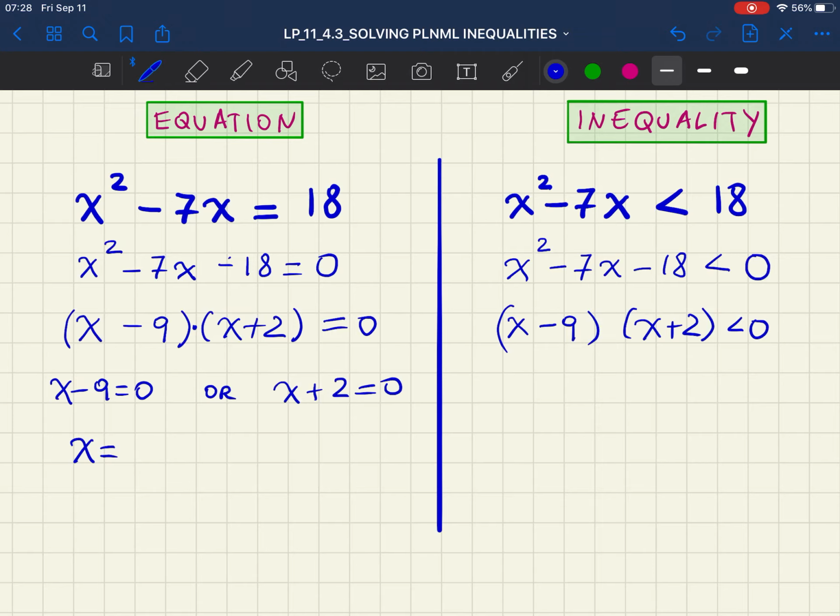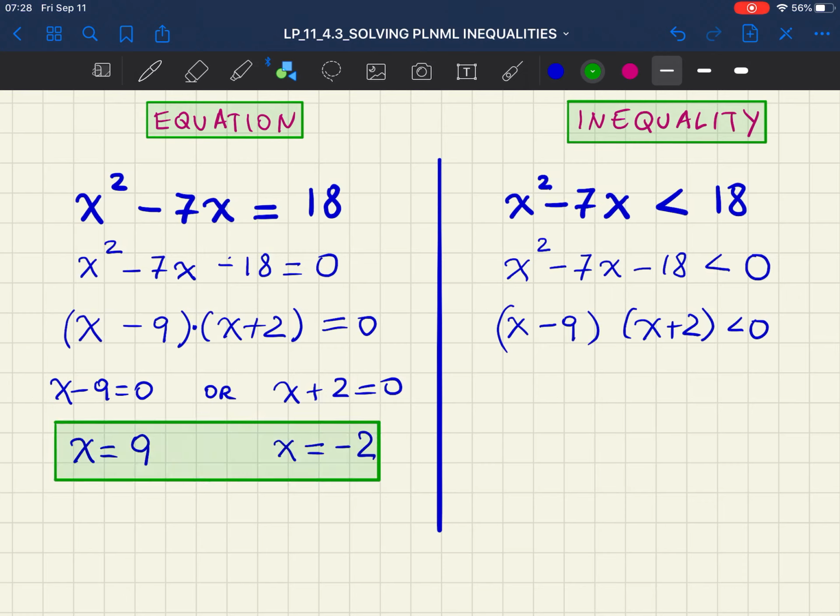And from here, we derive the solution. x equals 9 for the first and x equals negative 2 for the second. Both of these make the solutions to the equation. And this is where we stop when solving the equation. We're done.